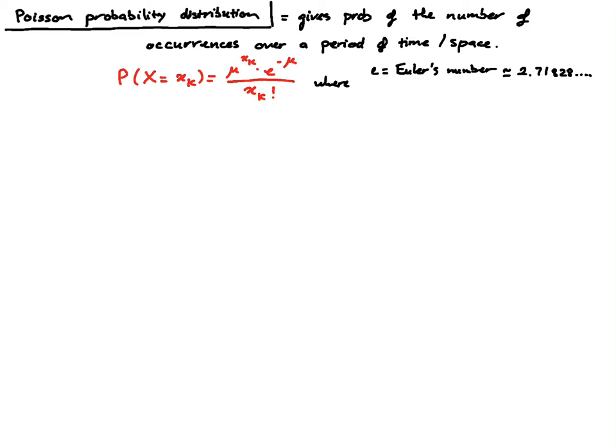In your calculator there should be a button for this number, so you don't have to memorize the 2.71 value. Then we have mu, which is the mean number of occurrences in a particular interval.